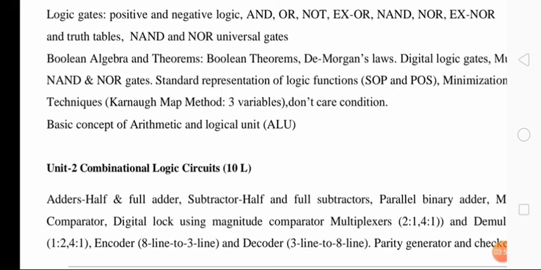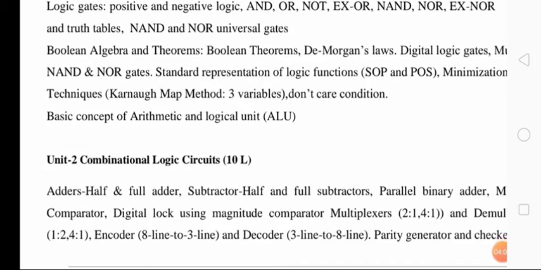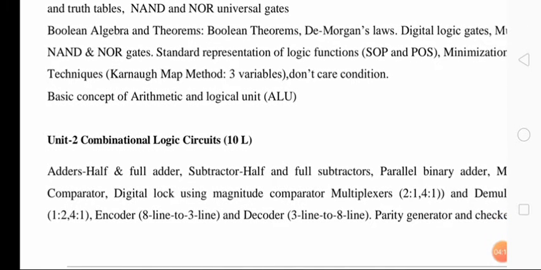In Boolean algebra and theorems, you are going to learn Boolean theorems, De Morgan's law, digital logic gates, NAND, NOR gates. Then you are going to learn the different techniques of minimization. You can minimize a large Boolean equation into a smaller one.